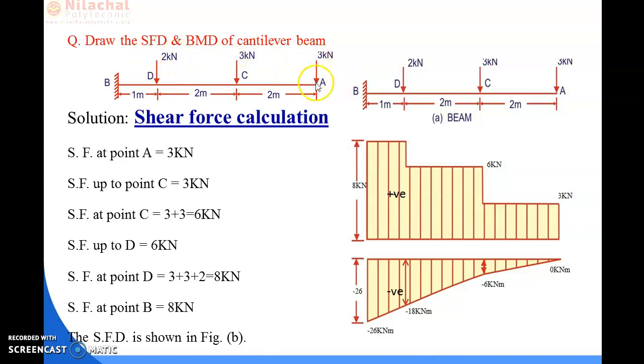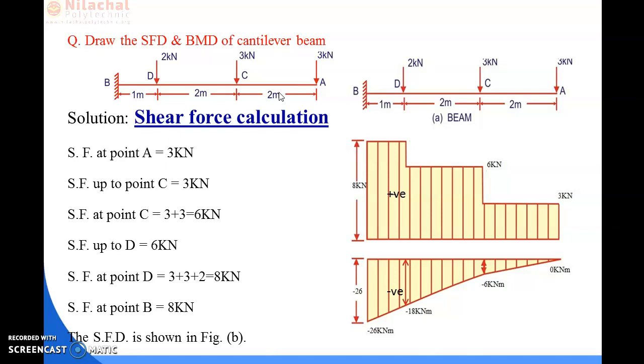That is, at the free end 3 kN is acting, at point C 3 kN is acting, then another point load which is 2 kN, and the distances are given. Now we have to calculate the shear force and bending moment.